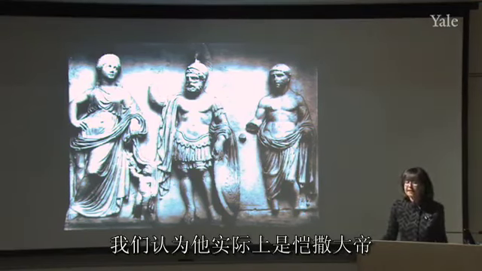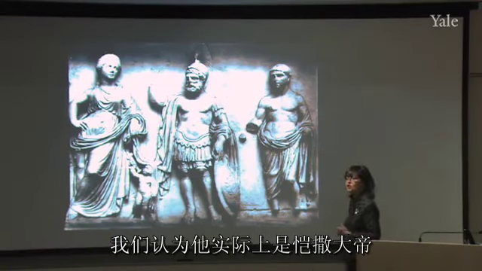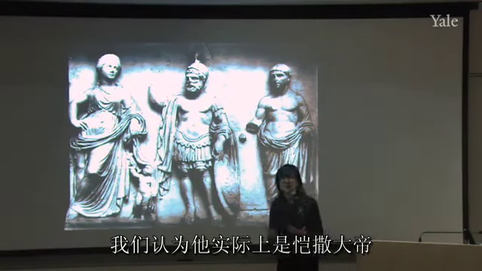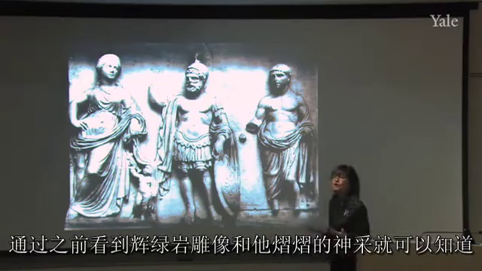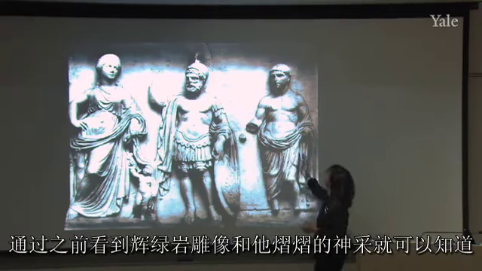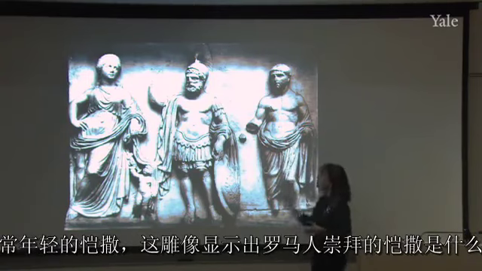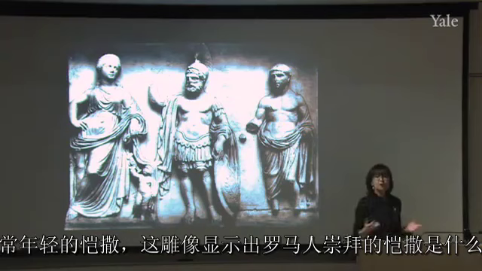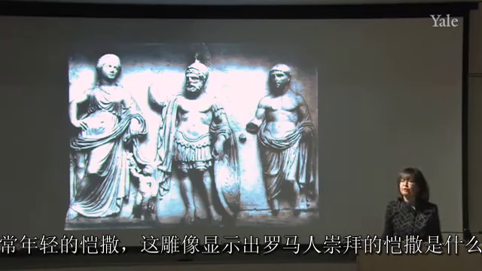And we think that he is actually the divinized Julius Caesar, very Botoxed, rejuvenated compared to what he looked like in that green diabase portrait that I showed you before. A very youthful divine Caesar, which shows you what happens to people in Roman times when they were divinized.